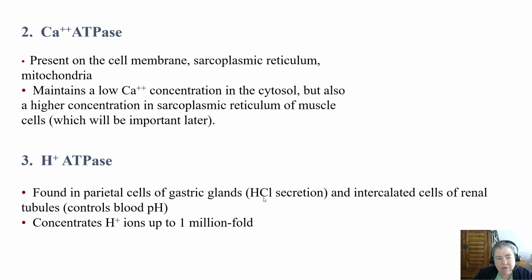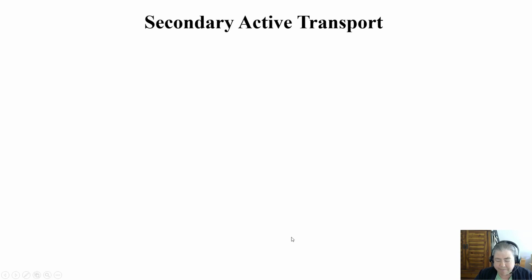It can concentrate hydrogen ions enormously, particularly in the gastric secretions. So hydrogen ions are concentrated up to 1,000,000-fold between the intracellular side and the extracellular side in the stomach solution.